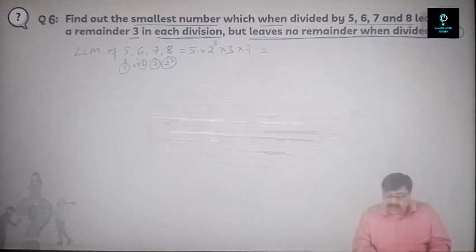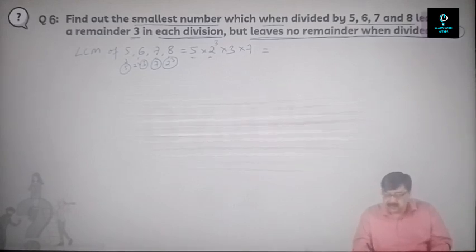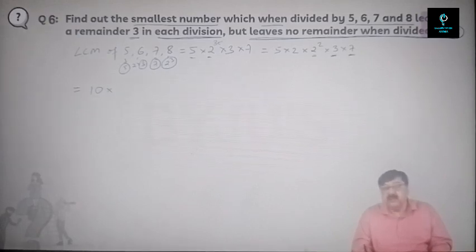Now how should you rewrite it, because you have a 5 and 2 here? So let it be 5 into 2 into what is left here now. We have taken one power of 2 and combined it with 5. So 2 square into 3 into 7. Now this shall become 10 into 4, 4 3s are 12, and 12 7s are 84. So the number here is 840.